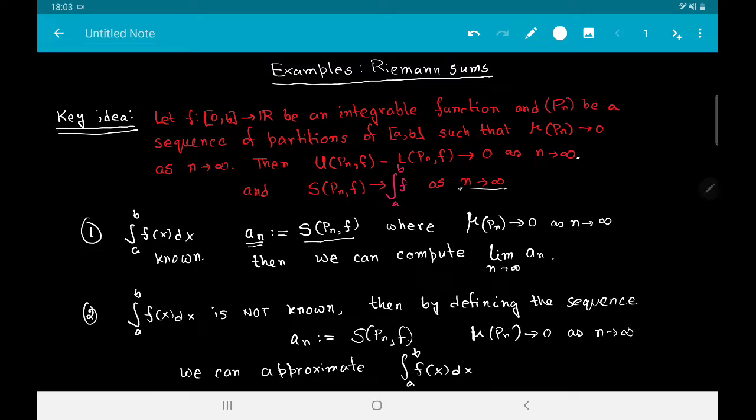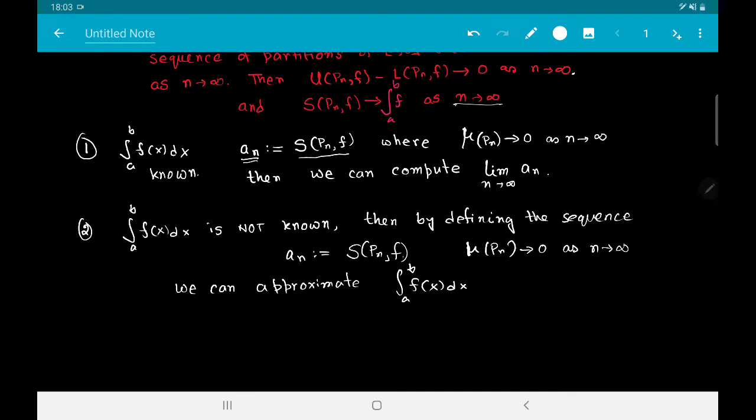In such a case, we can compute the limit of the sequence a_n, which might not be very easy to compute otherwise.